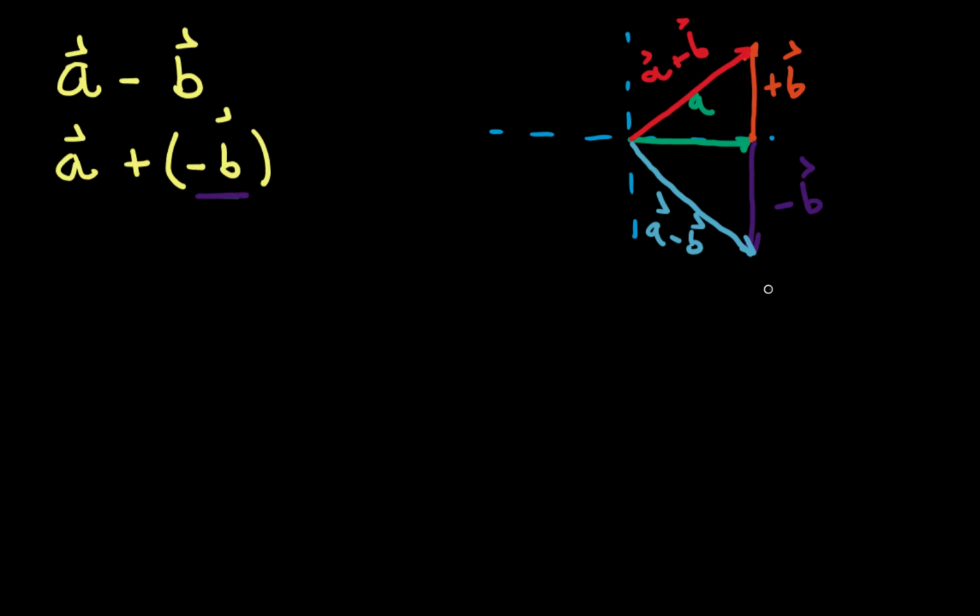So vector addition and vector subtraction are very close as far as geometric alterations. It's just that the second vector, you just flip it upside down.